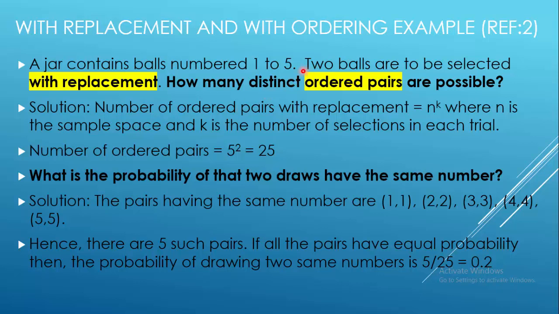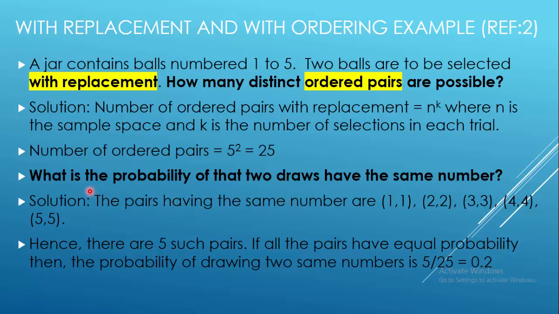Two balls are selected with replacement, so k is equal to 2, and we have balls numbered 1 to 5, so altogether 5 balls, so n is equal to 5. So 5 raised to the power 2 is equal to 25. There are 25 ordered pairs possible.